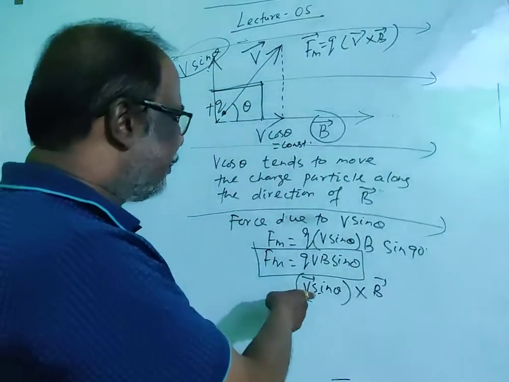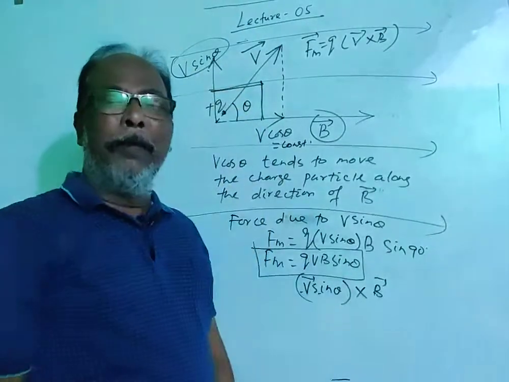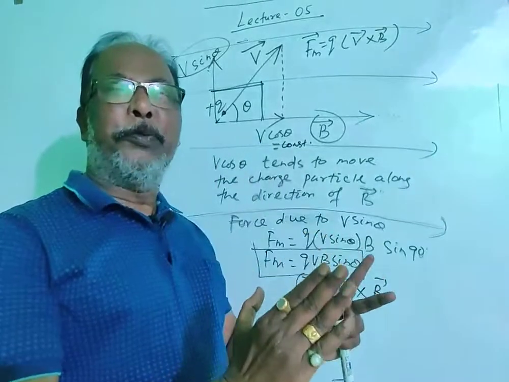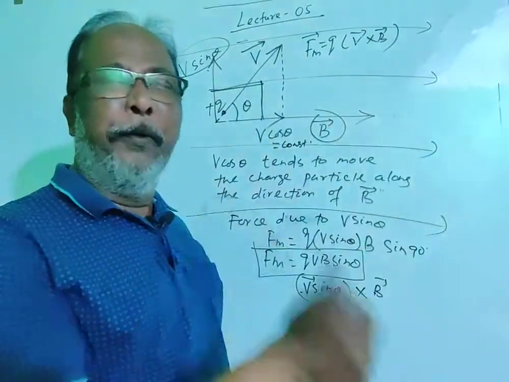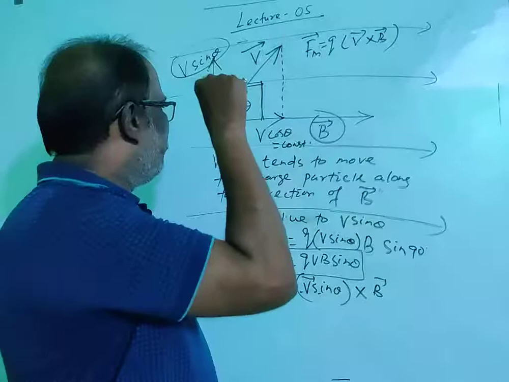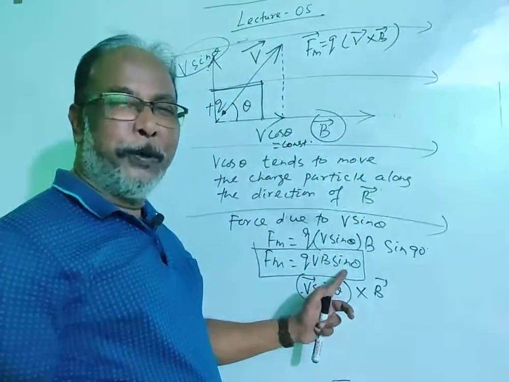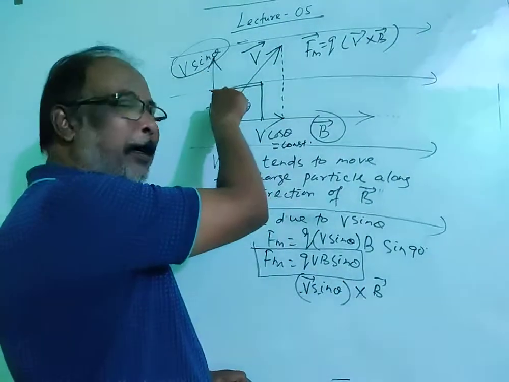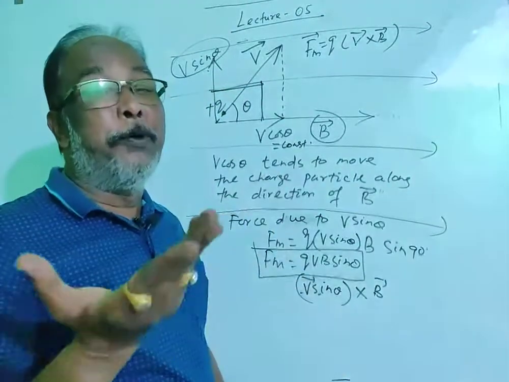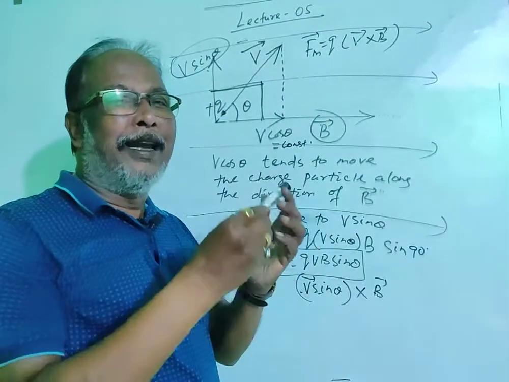So v sin theta is perpendicular to magnetic field and the force experienced by the charged particle due to v sin theta is inward, and as we know, this force will provide the necessary centripetal force.